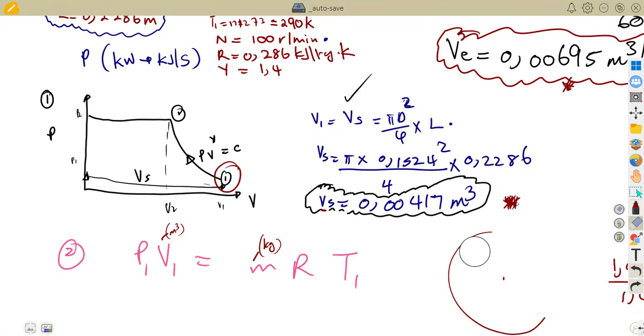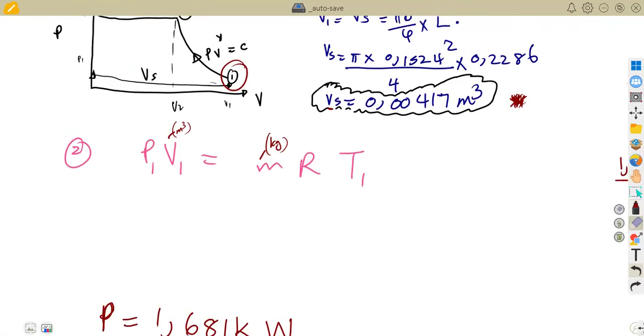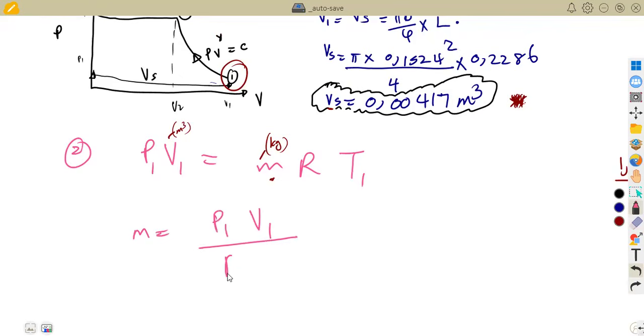So let's see. This one was per cycle, so that's why we have to use V1. We just use the normal units, no per second. To calculate mass, just divide by RT. So it follows that the mass is going to be given as P1 V1 over R T1, where P1 is the pressure at the inlet.